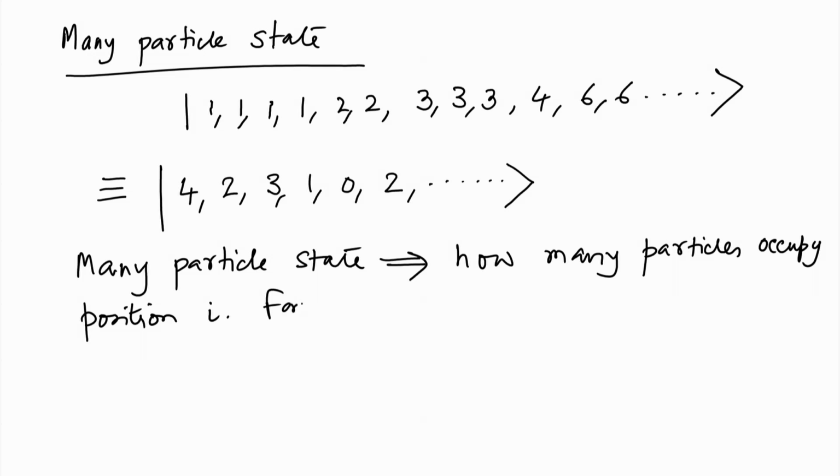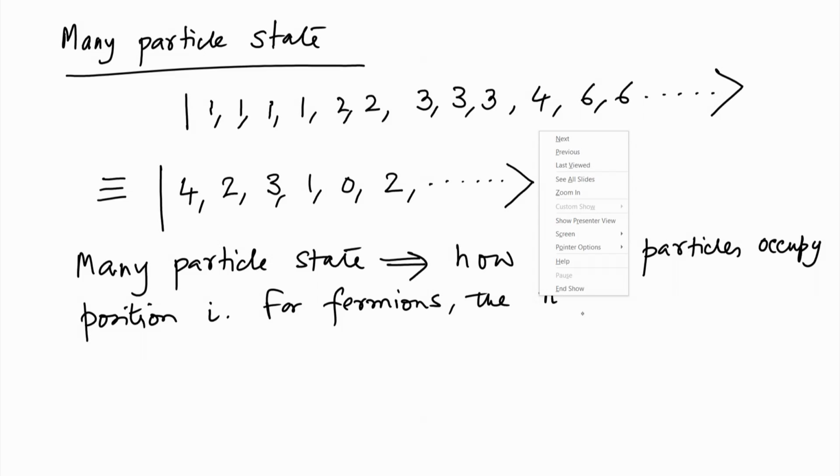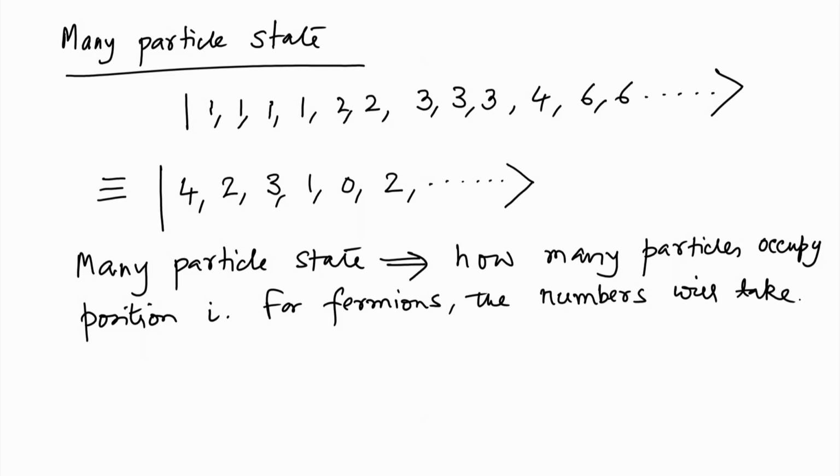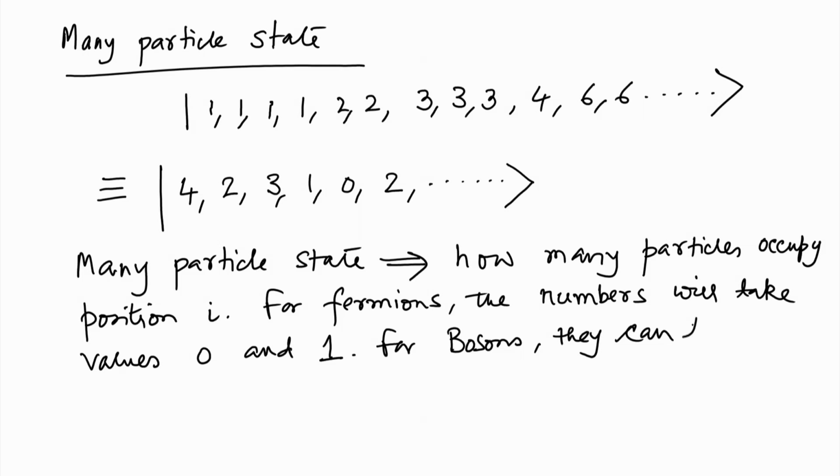For fermions, of course, we know by Pauli's exclusion principle that the numbers written here will take values 0 and 1, and for bosons they can be any.